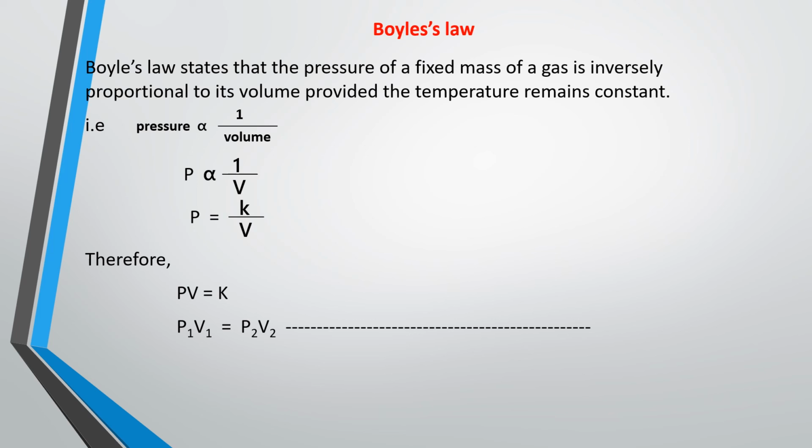Depending on what you are looking for, you can have questions that make you solve for any of these variables that is not given. This is the equation for Boyle's law. So we're going to look at some problems straight away, so that we can solve some questions on Boyle's law.